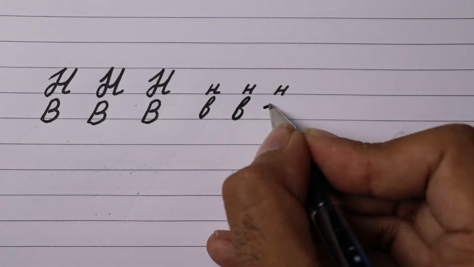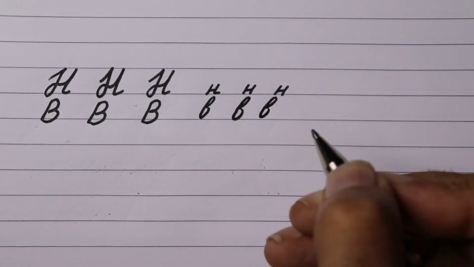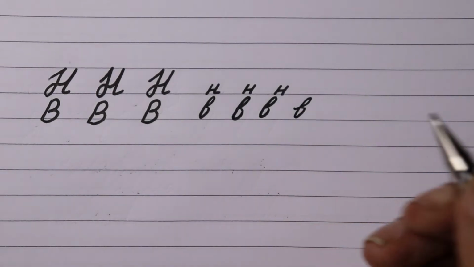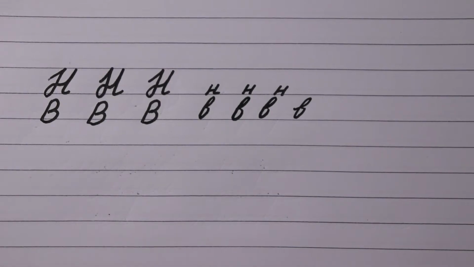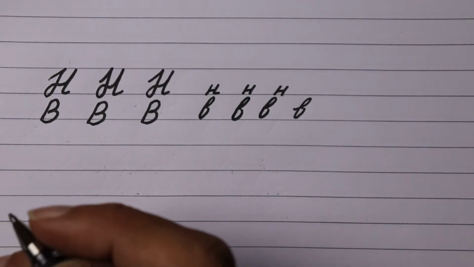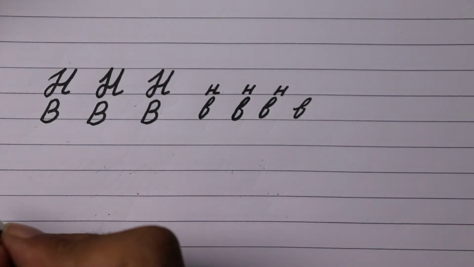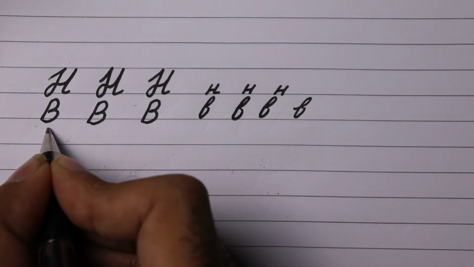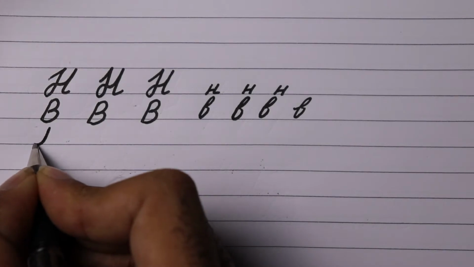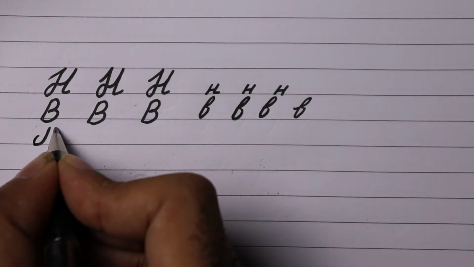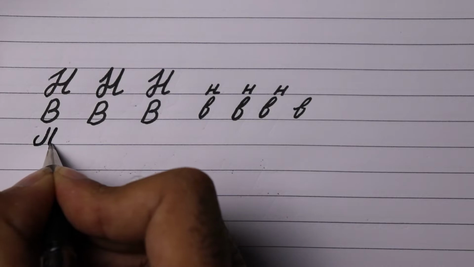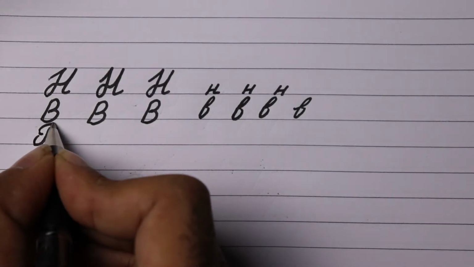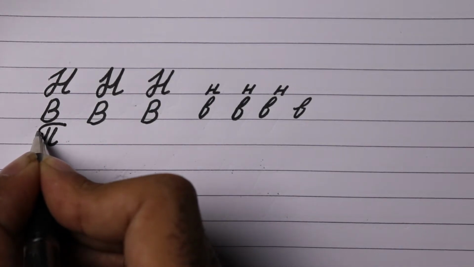V. Start here. Let me do it one more time again. Yep, that's it. Now let's look at the letter P. We're doing like this. Start with the first element, then the second, and we need to crown it with this little crown.